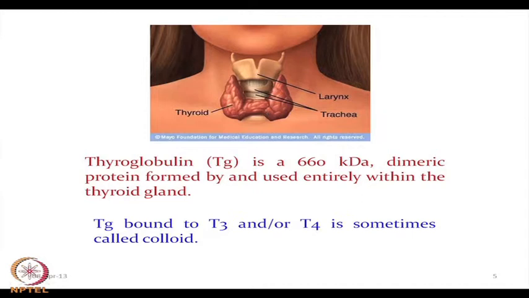So, therefore, we can see how these T3 and T4 molecules are formed from the tyrosine molecule itself, and they are going there basically and bound to the corresponding thyroglobulin molecule.